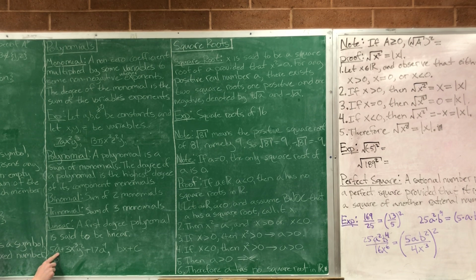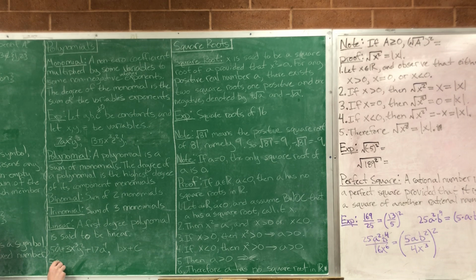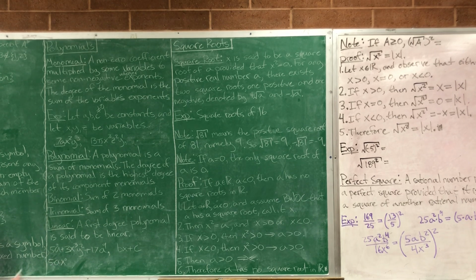It's not a variable. So this is the same thing as 5 times a times x to the 0. So this is the 0th degree. This one is 5th degree. This one is 0. What's the biggest out of 0, 5, and 0? 5. So the whole polynomial is a 5th degree polynomial. Make sense? Okay.